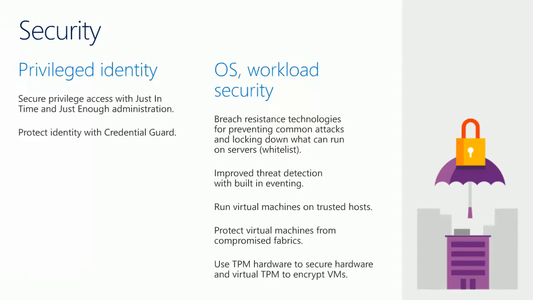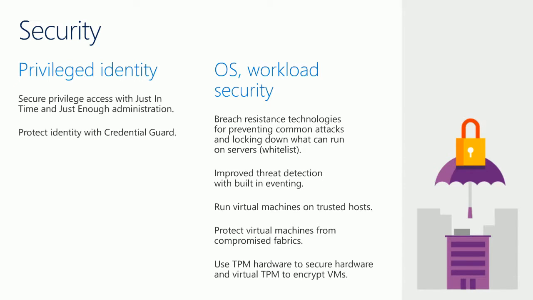Now, security continues to be top of mind with customers around the globe, given the number of breaches and cyber attacks we have seen now actually on a regular basis. Windows Server 2016 includes built-in breach resistance to help prevent attacks on your systems and meet compliance goals. Even if someone finds a way into your environment, the layers of security built into Windows Server limit the damage that they can cause and help detect suspicious activities.